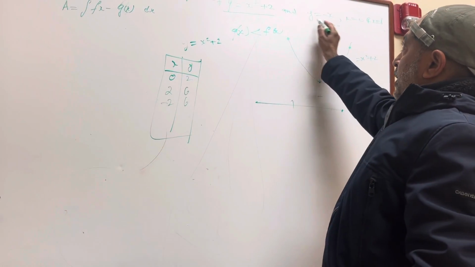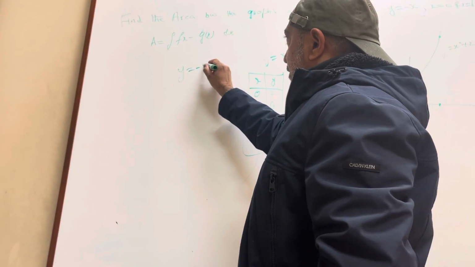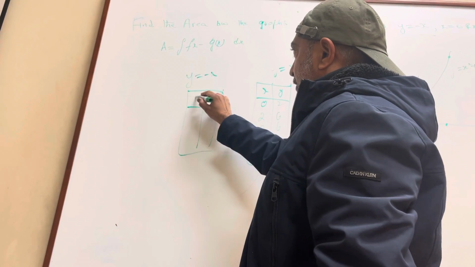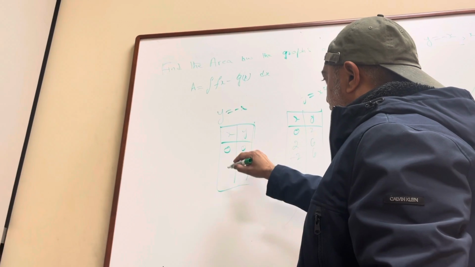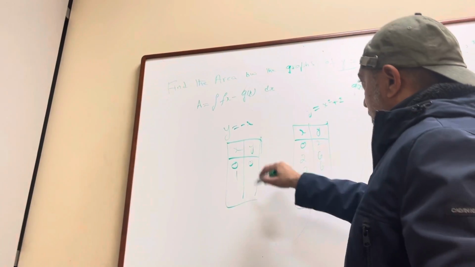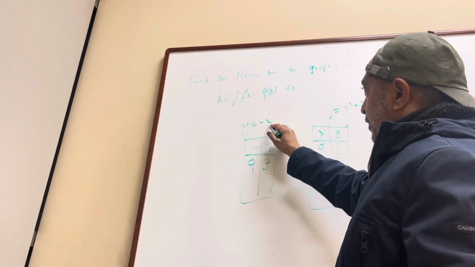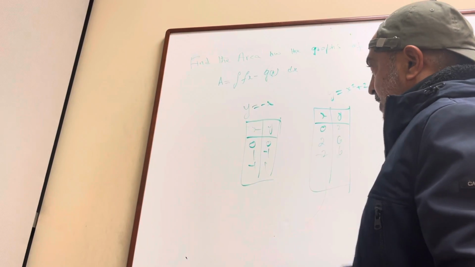In order to get the graph for y is equal to minus x, we will use the same procedure. We will put in values of x and y. Let's say we put 0, so the value of y will be 0. If you put x as 1, then your y will be minus 1. And if you put x as minus 1, then the value of y will be plus 1.